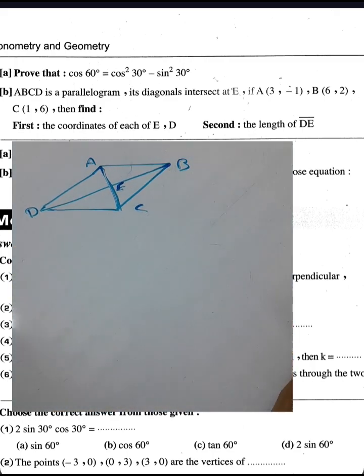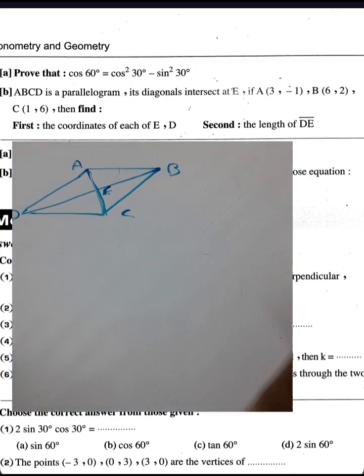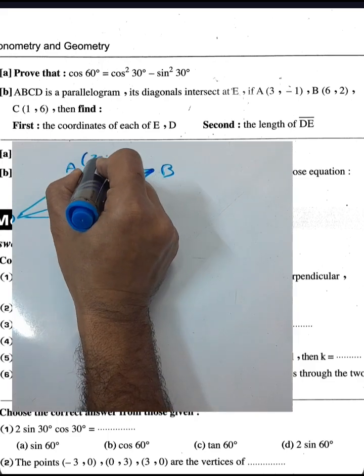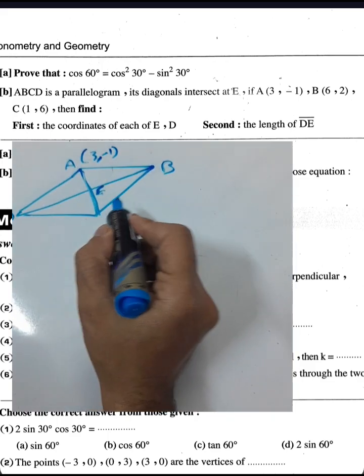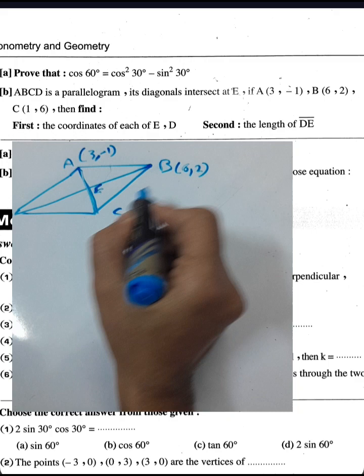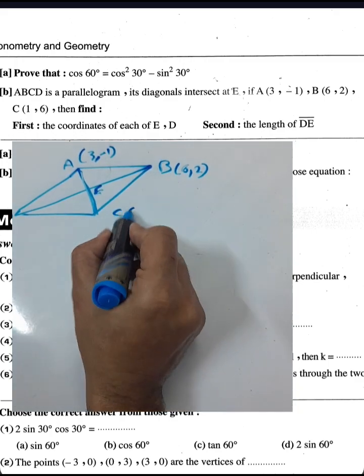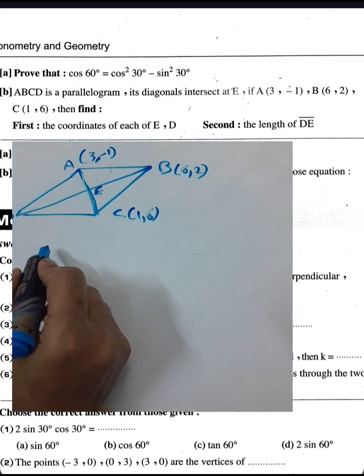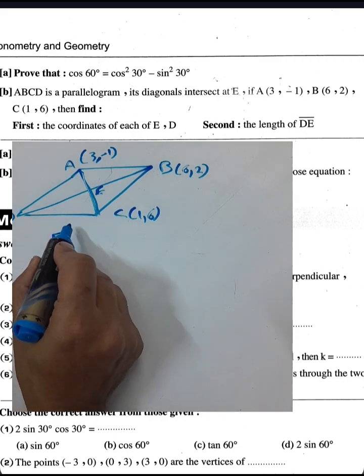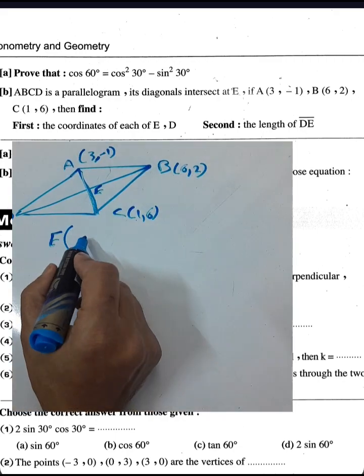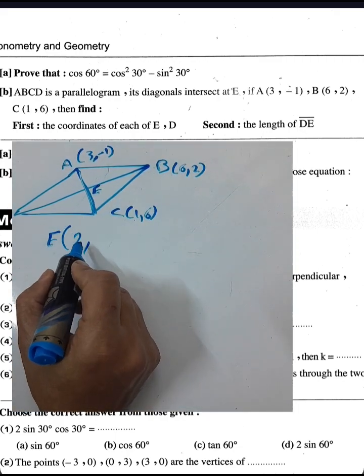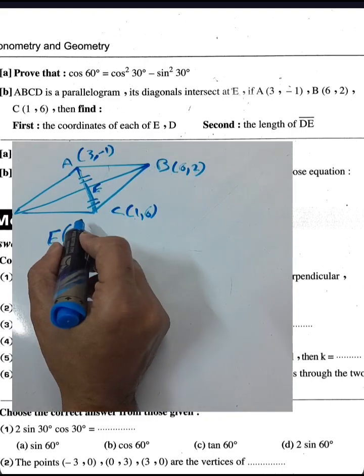Then he gave us point A as 3 and negative 1, B as 6 and 2, and C as 1 and 6. We can find the coordinates of E. 1 plus 3 equals 4, 4 divided by 2 equals 2, because E is the midpoint of AC.